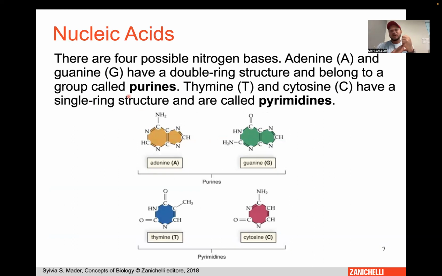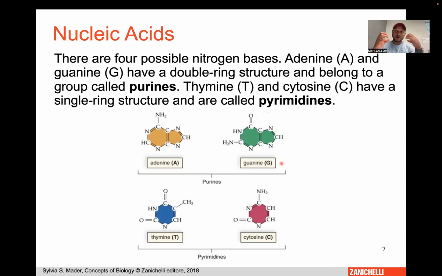So let's talk about the nucleic acids, the different types of nucleic acids. There are 4 possible nitrogen bases in molecular biology, in making up DNA. We have the adenine and the guanine, and they both make up what we call the purines.